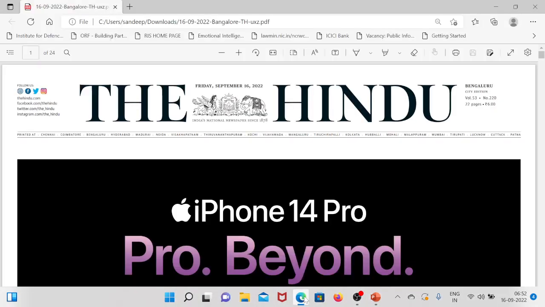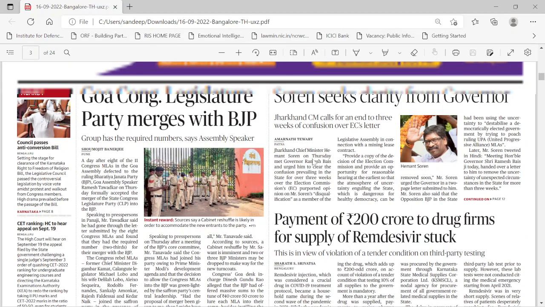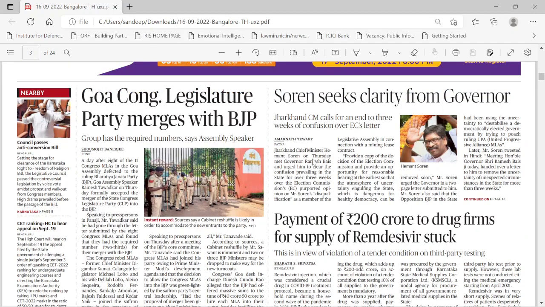So, to begin with, if we look at today's newspaper, the first article is about Goa Congress Legislature Party merges with BJP. See, this is a political news, I agree, but there is something more to the politics here.